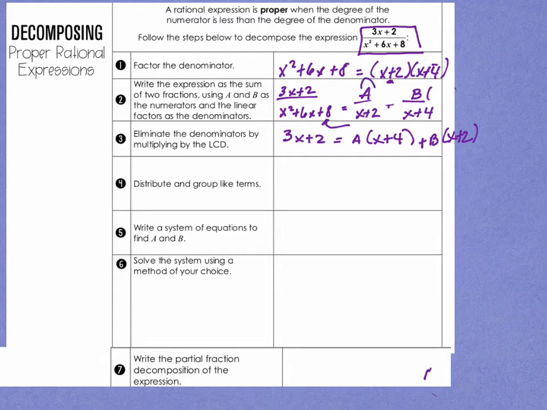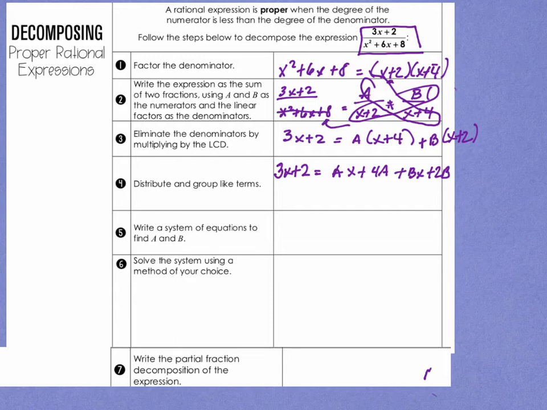You do A times x plus 4 and B times x plus 2, and that's equal to the numerator, okay? It wipes out the denominator. Now you multiply that out: 3x plus 2 is equal to Ax plus 4A plus Bx plus 2B.